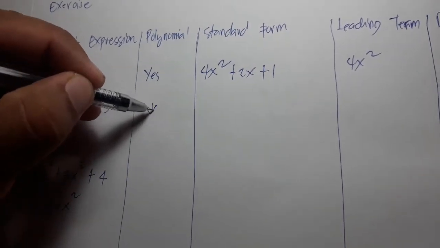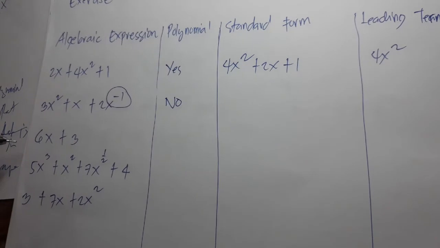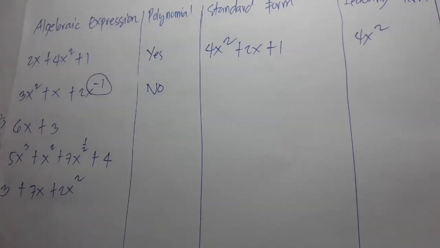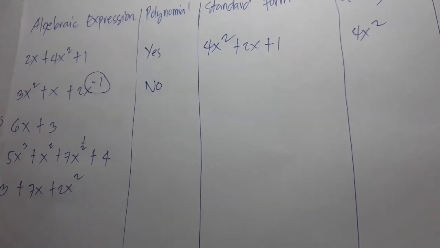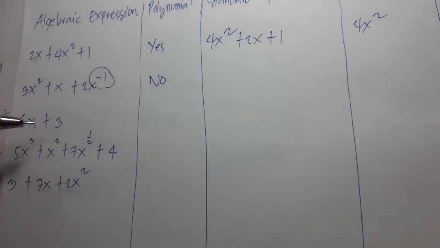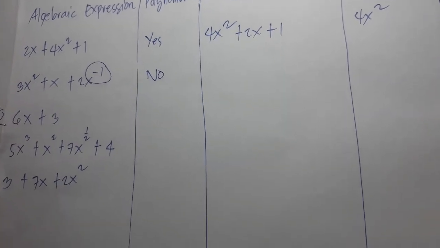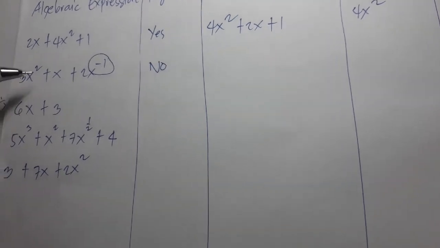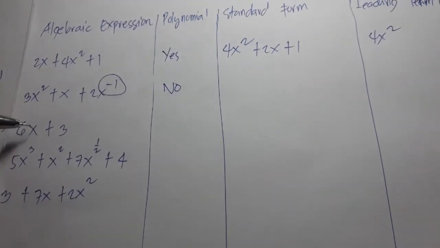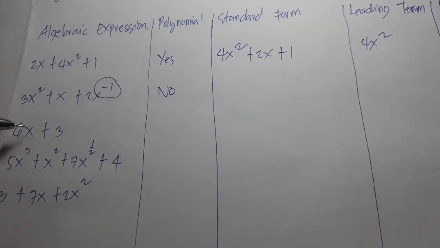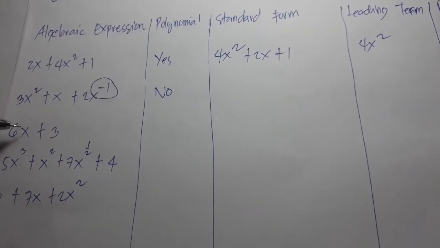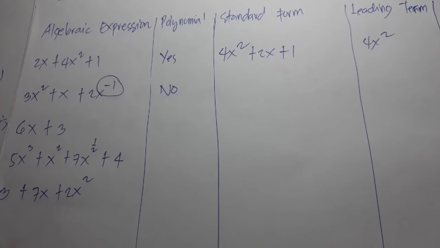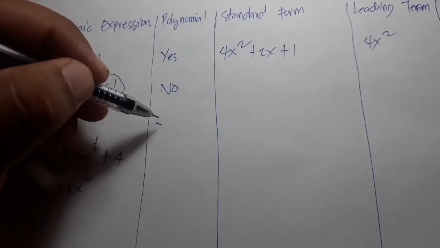So this is no. In my third algebraic expression, 6x plus 3, is this a polynomial? As you can see, all the exponents are non-negative. So this is yes.